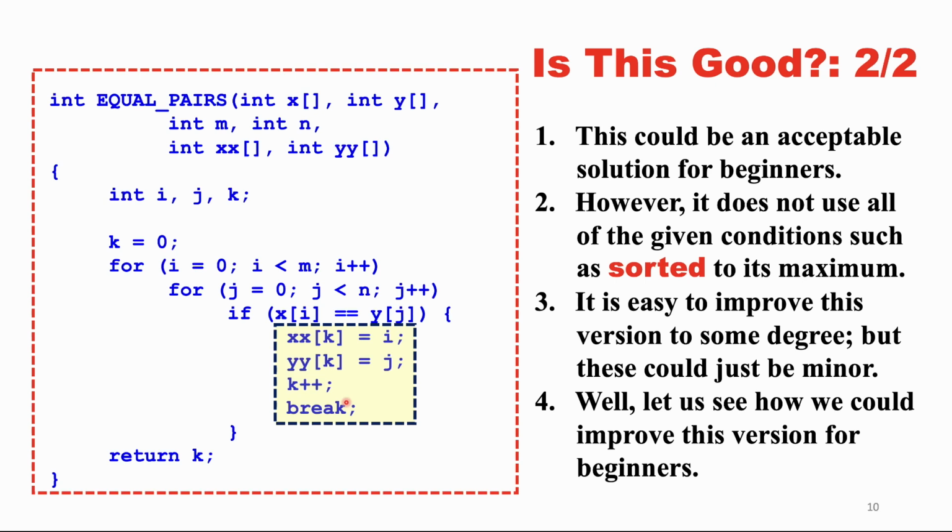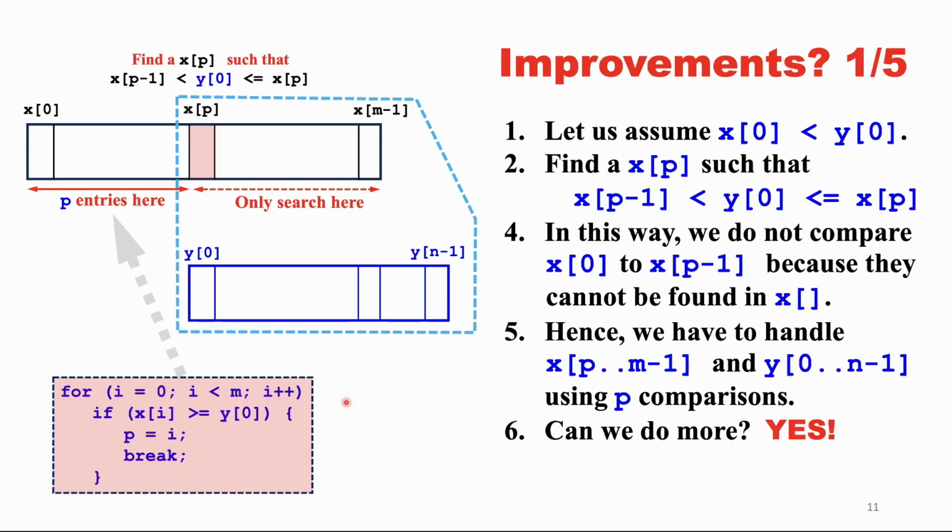So let's take a look at a few simple improvements for the beginners. Let's assume that x0 is less than y0. So in this case, we could find an xp such that xp is larger than this one, but xp minus 1 is smaller than this one.